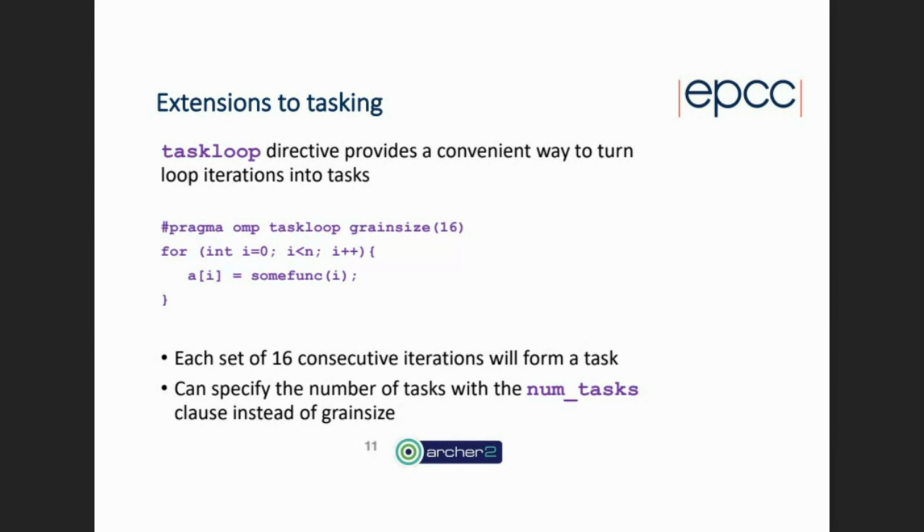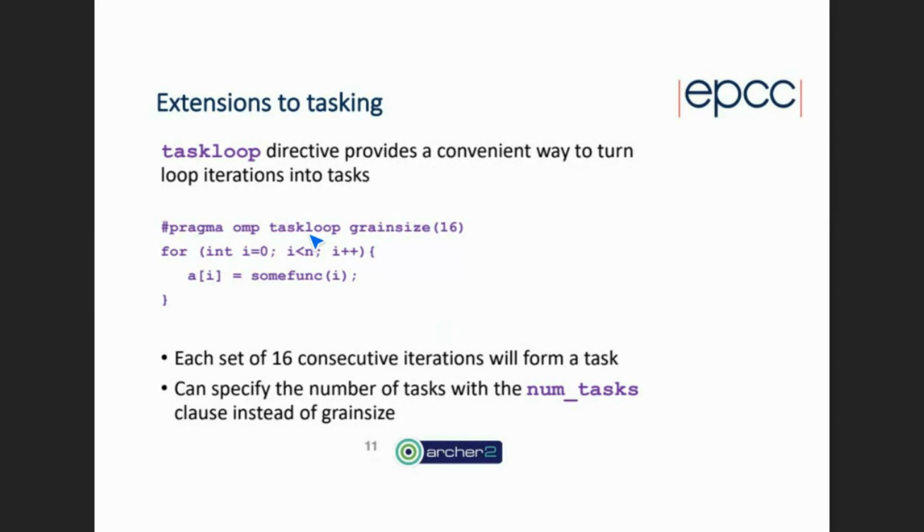So you can obviously always rewrite that. You can basically block your loop and say, okay, this group of iterations, and do it with explicit task constructs. But it's slightly messy, and it's something that the compiler can easily do. So let's have this taskloop construct.